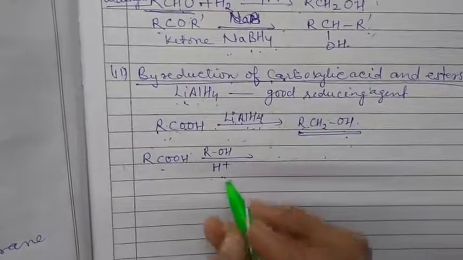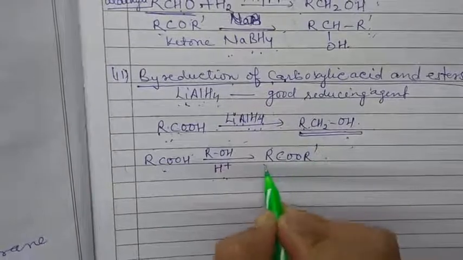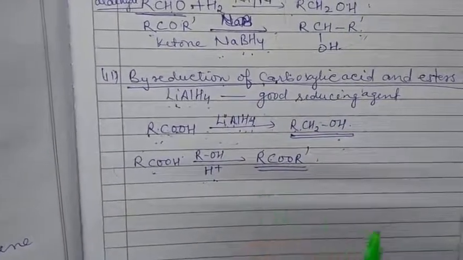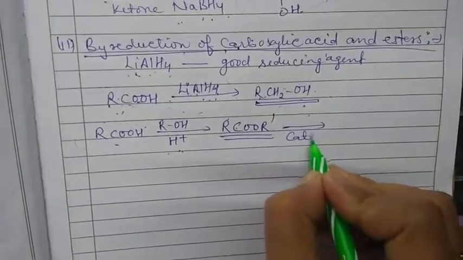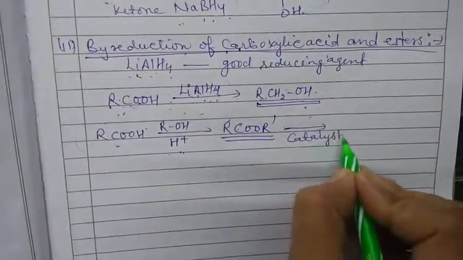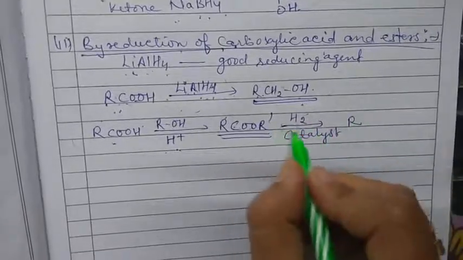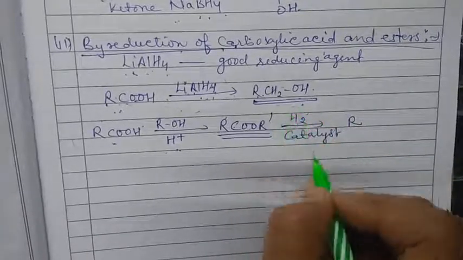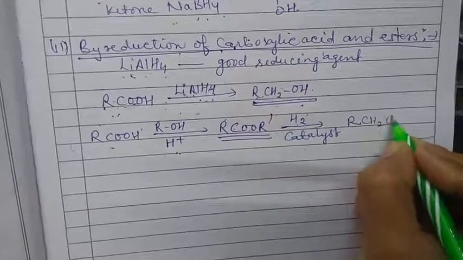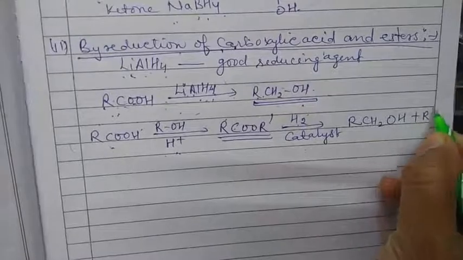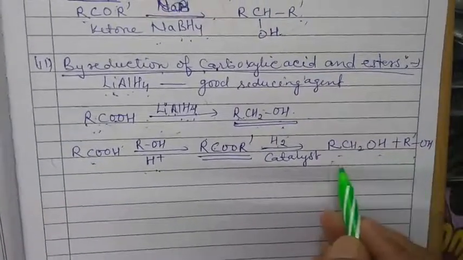This is the formula of ester, RCOOR'. Now, in the presence of a catalyst, reduction takes place, addition of hydrogen takes place, and from the ester we get RCH2OH plus R'OH, and these are the alcohols.